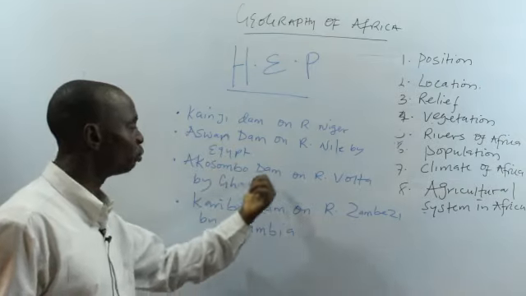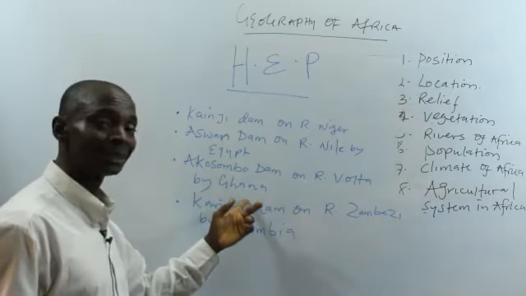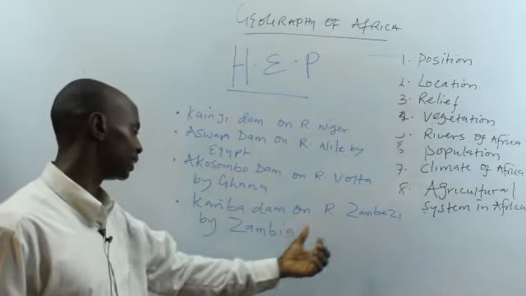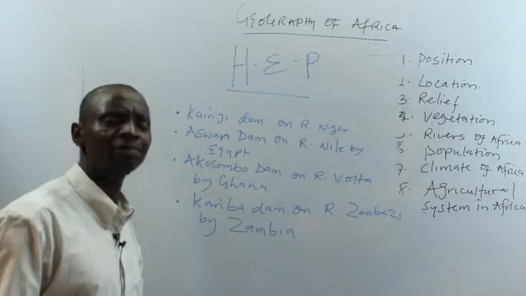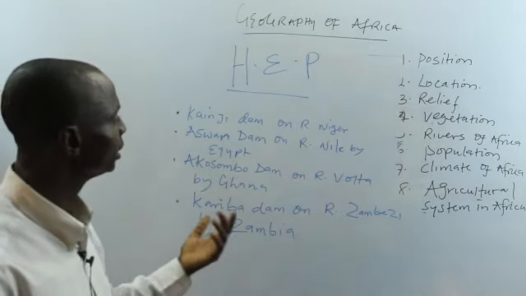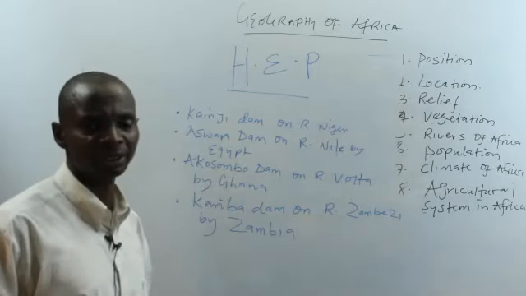Then we have Akosombo Dam on River Volta, by Ghana. Then we have Kariba Dam on River Zambezi by Zambia, and many other dams using the rivers in Africa to generate electricity.